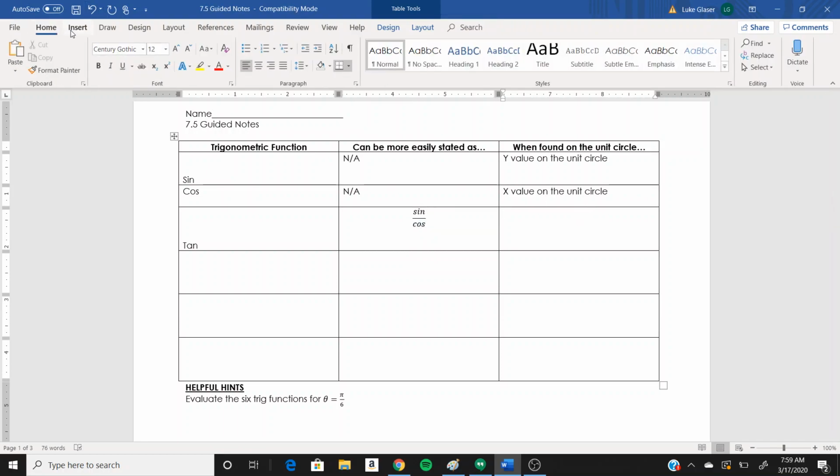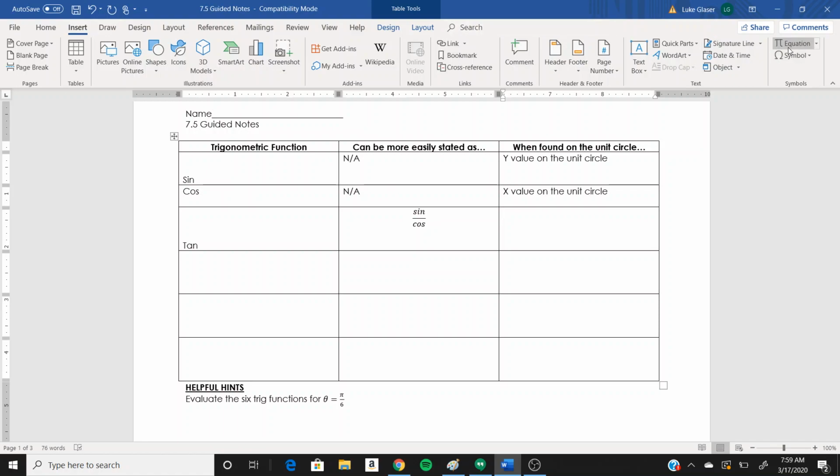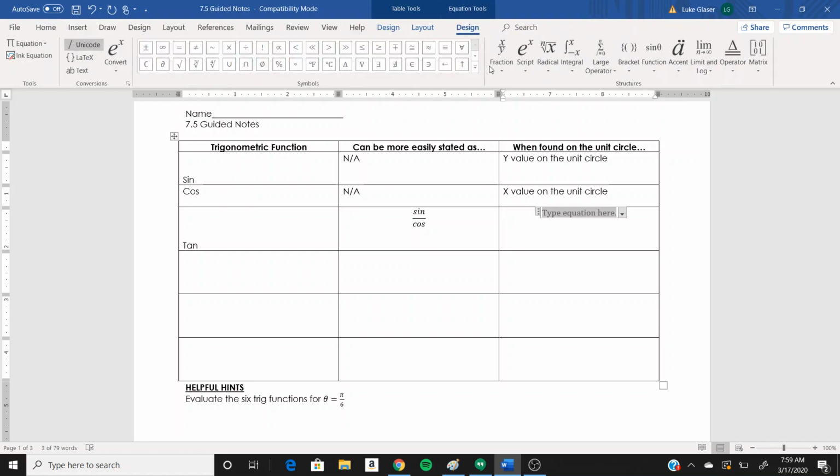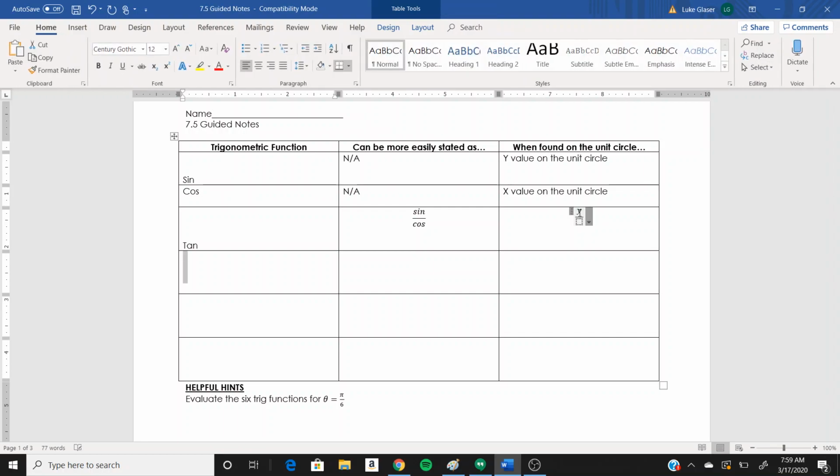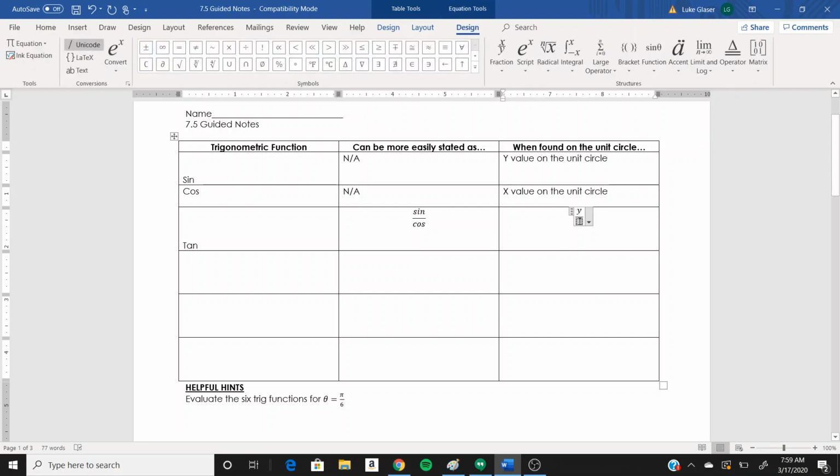So when we're looking for it on the unit circle, if I ask you for tangent of any part of the unit circle, instead of having to evaluate opposite triangle side over adjacent, you can just say it's the y value, whatever the y value is there, over the x value.